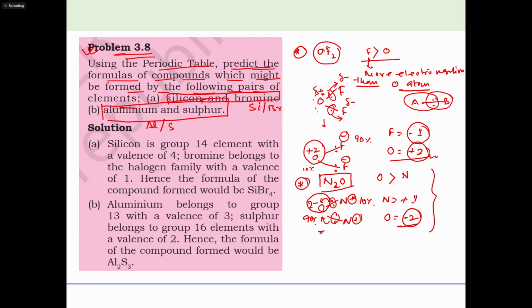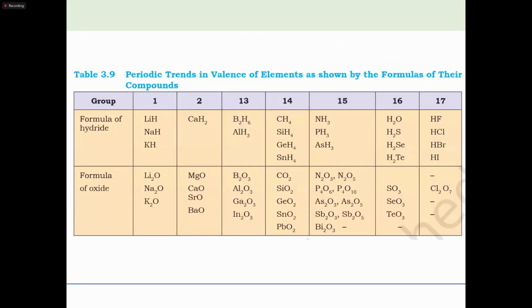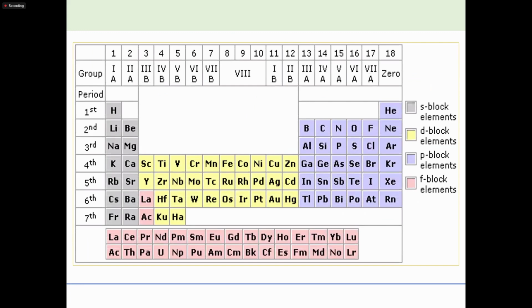So what compound will be made by silicon and bromine, and what compound will be made by aluminium and sulfur? To know that, first of all I have to see the periodic table. So silicon and bromine.